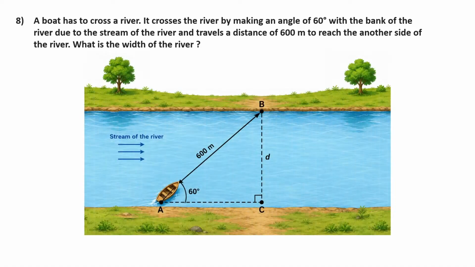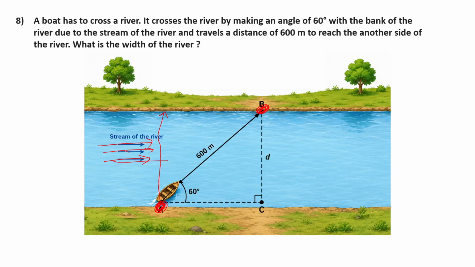If you see this diagram, you will be very clear. Okay. Now the stream of the river direction is shown on the screen. Point A is the starting point and point B is the destination. Due to the stream of the river, the boat cannot travel perpendicular to the current.